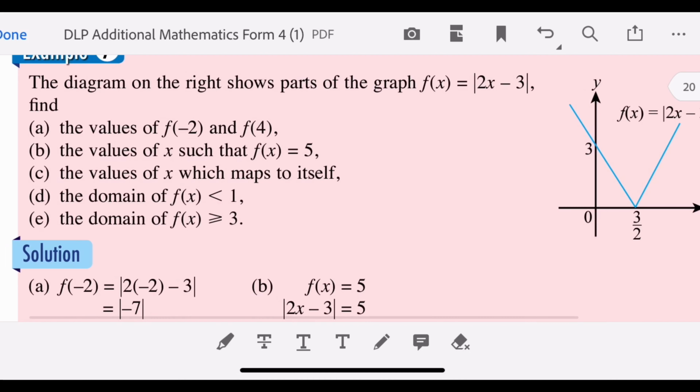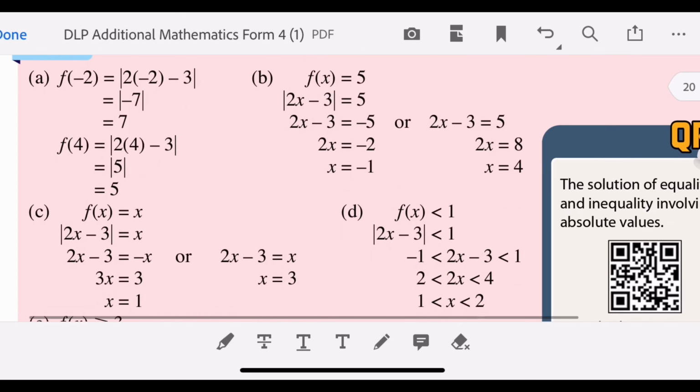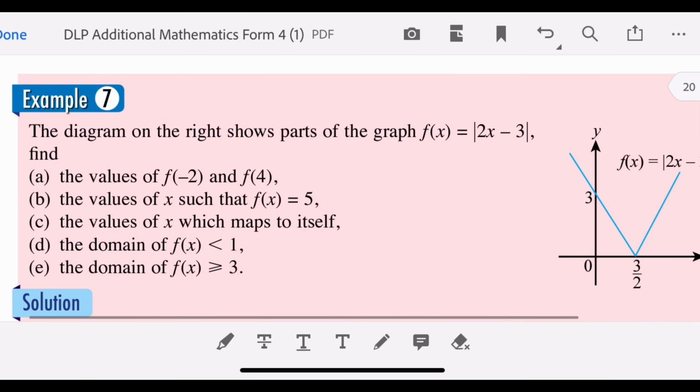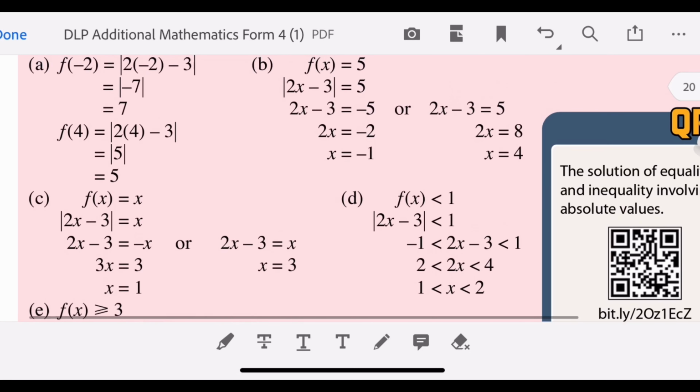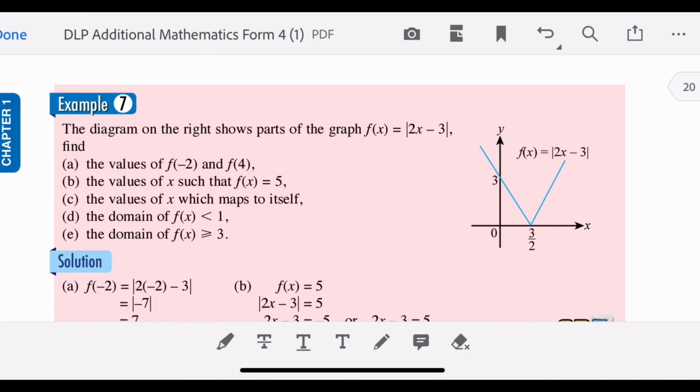The best HOTS questions that you can find are in the Form 4 textbook. Spend some time doing more exercises using it, and then I'm sure you can do well for your SPM. In case they set a HOTS question, it will be aligned like this.